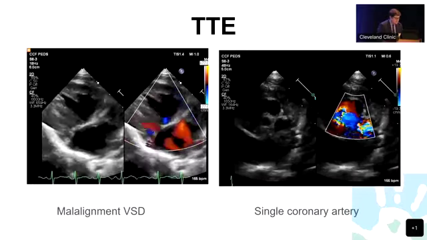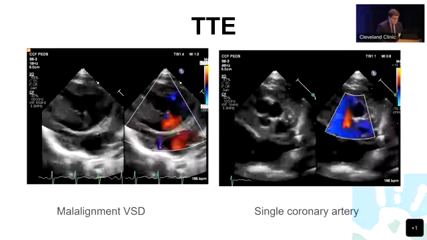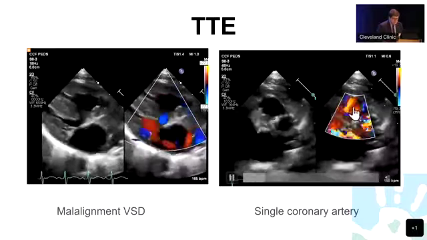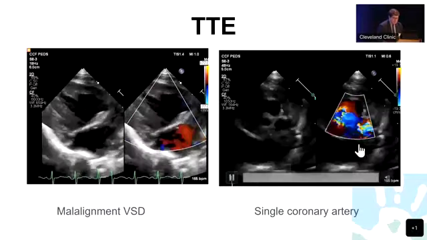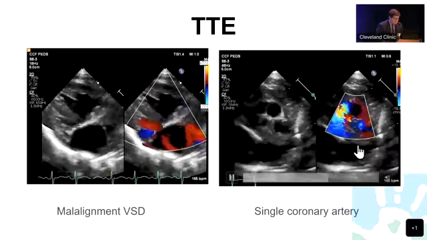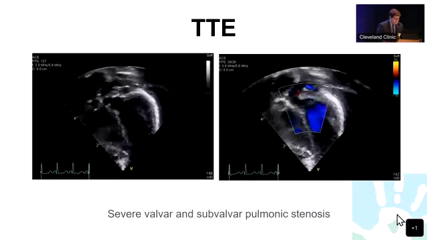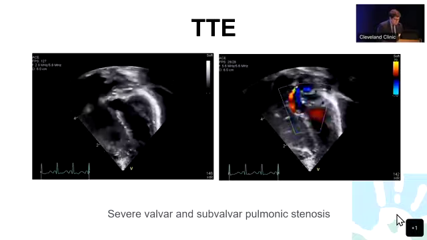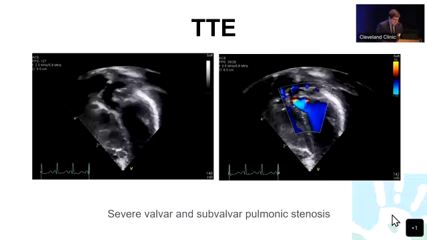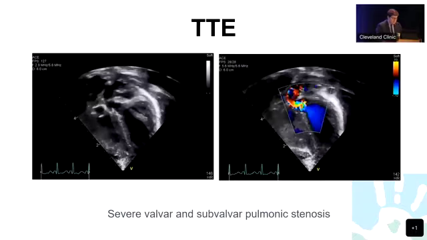And here you can see that malalignment VSD remote from the outflows, as well as, not perfectly seen here, a suggestion of a single coronary ostium giving rise to both of our main coronary arteries. And a 4-chamber view, again showing the severe subvalvar and valvar stenosis. Peak in this view was 56, mean of 32.